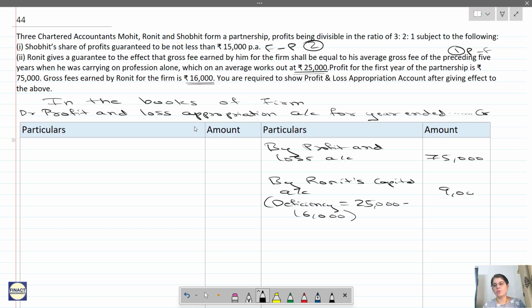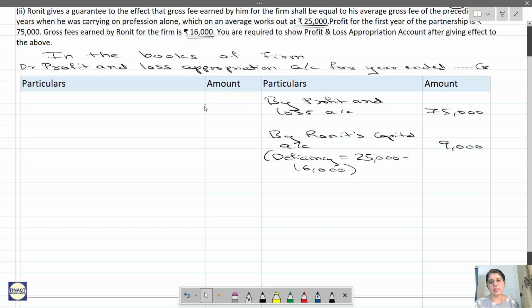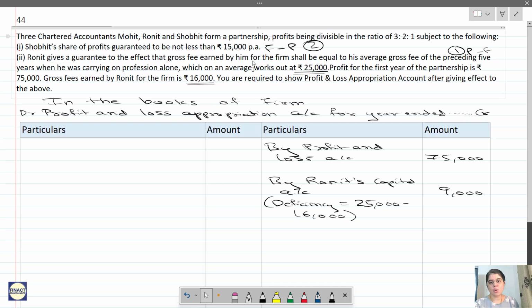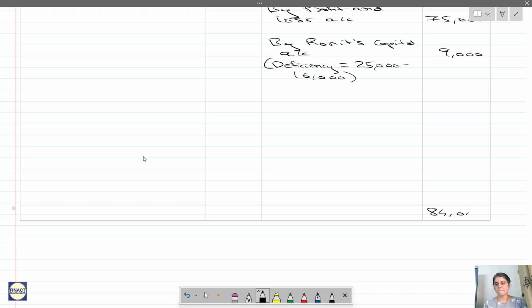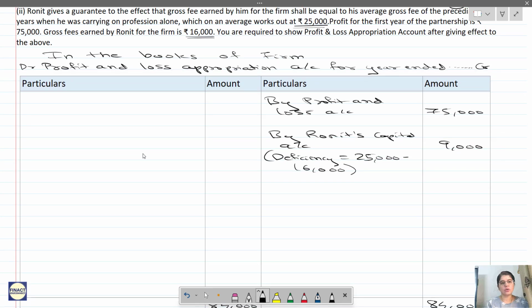So that comes to 9,000. Now let us close and calculate the total profit, and then we will see Shobit's guarantee. So 75 plus 9 is 84. 84,000 is distributed to three partners in their profit sharing ratio.